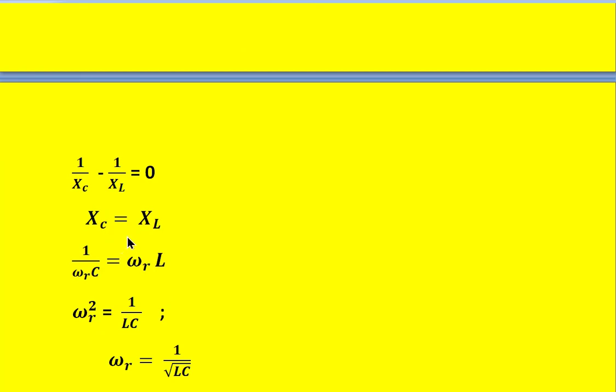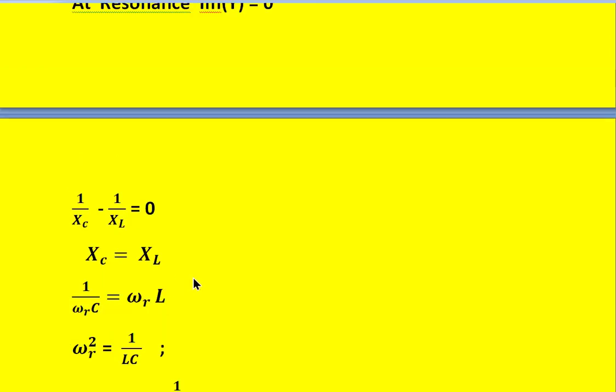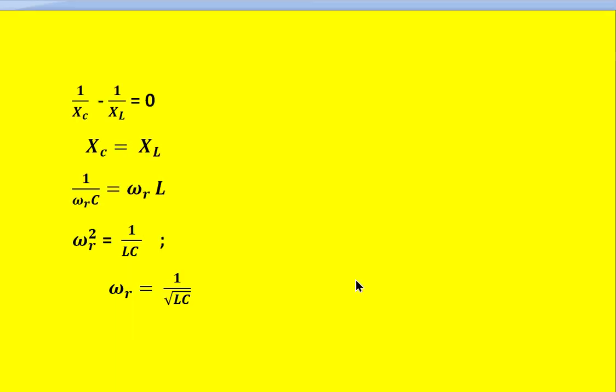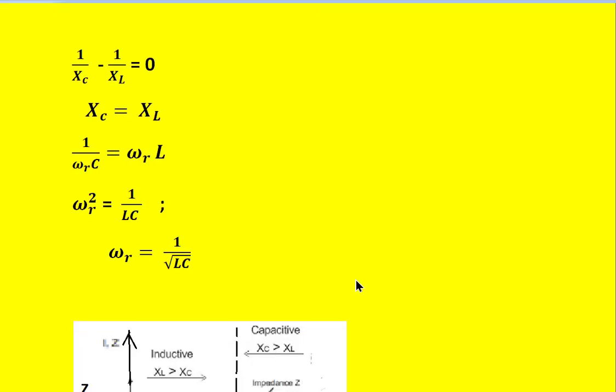XC is 1 by omega r C, and XL is omega r into L. Here omega r is the angular resonance frequency of the circuit. After simplification, omega r square is equal to 1 by LC, so omega r is equal to 1 by root LC.